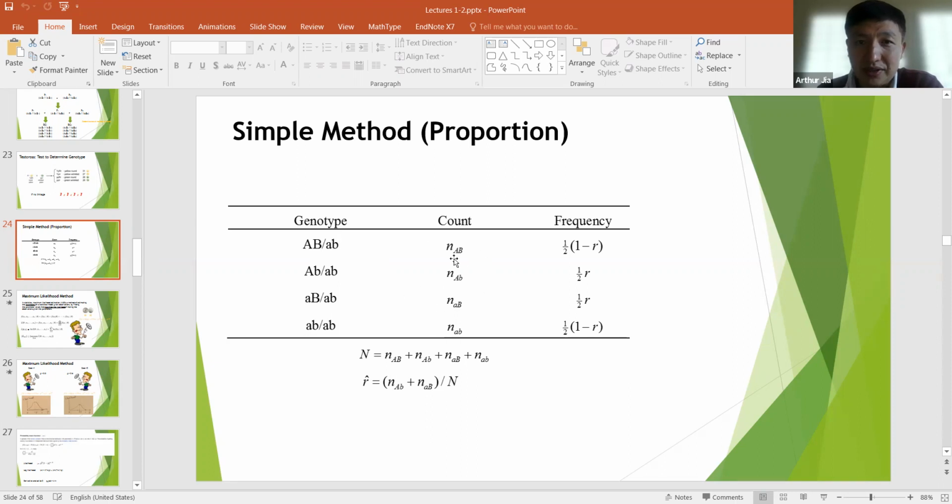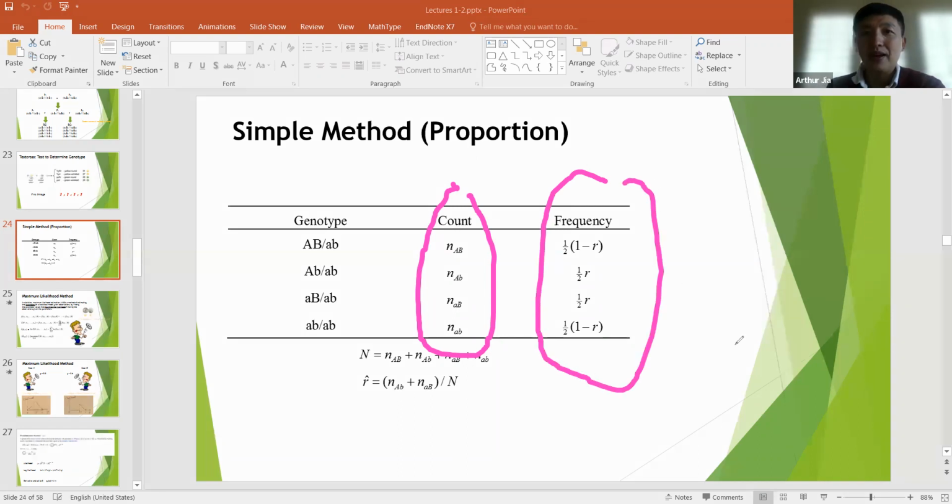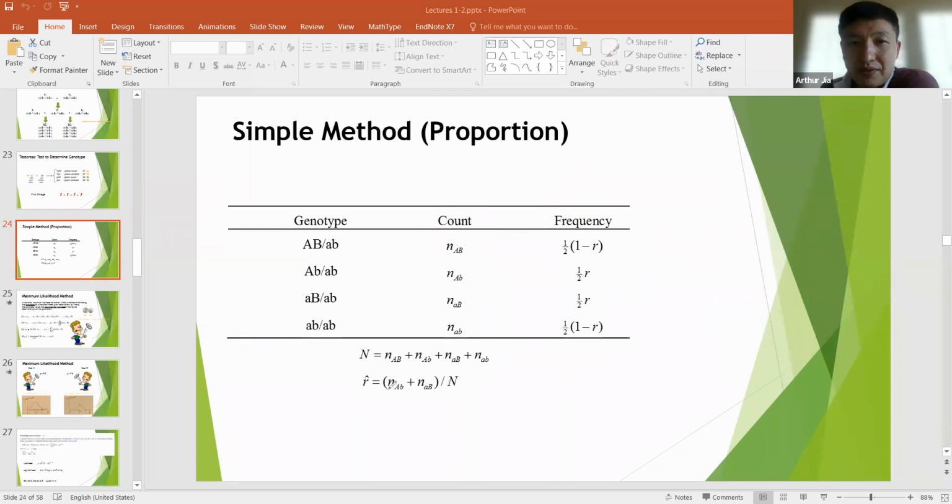And so this represented the experimental data. So this is the observation, and this is the expected frequency, right? If there's a crossover between A and B, all right. And so based on this information, you need to know how to get the MLE.